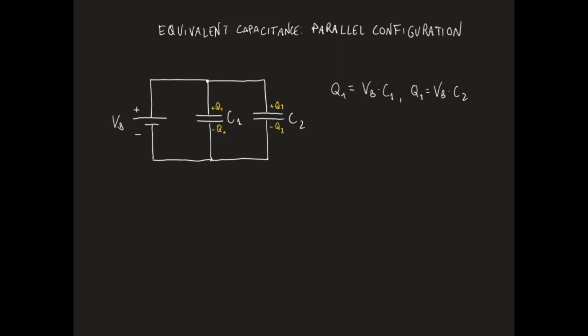Note now that the two capacitors have the top plate connected together with an ideal conductor. So these two plates actually behave like a single plate carrying a charge which is just the sum of the charge Q1 and Q2.